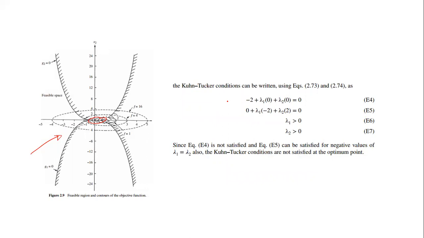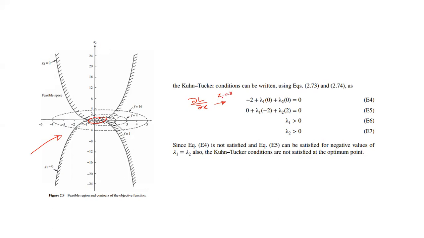If we apply the Kuhn-Tucker condition, the first condition, which comes from dL by dx, and apply x equal to the given values, the x values are 0.